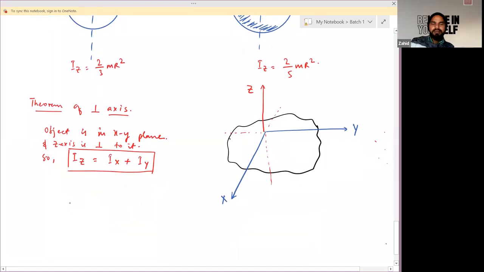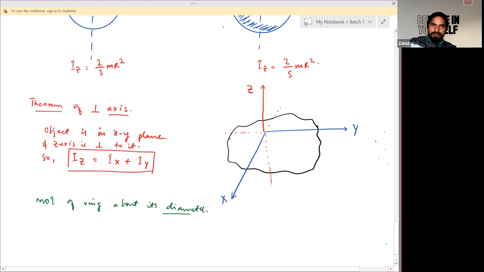Suppose you have to find the moment of inertia of a ring about its diameter.